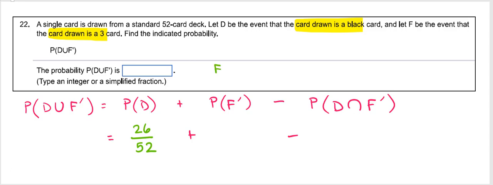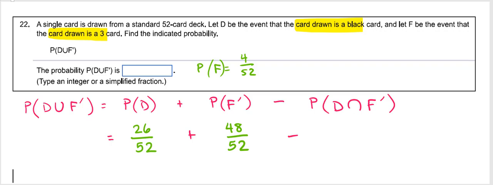There are 4 number 3s, so the probability of F is 4 out of 52. So the probability of not F will be 48 out of 52.